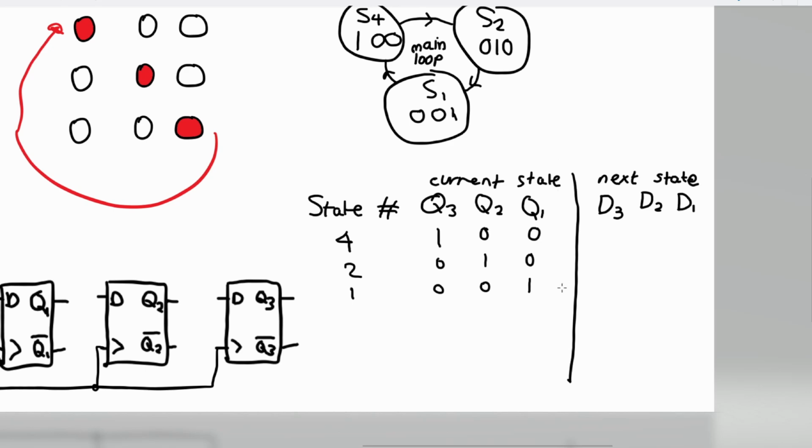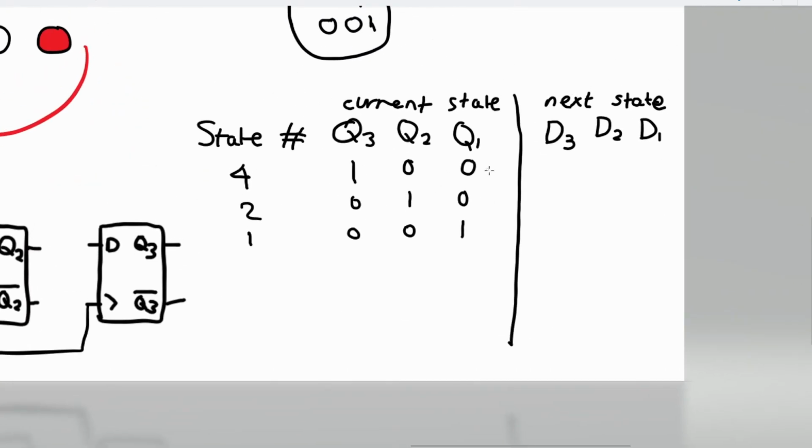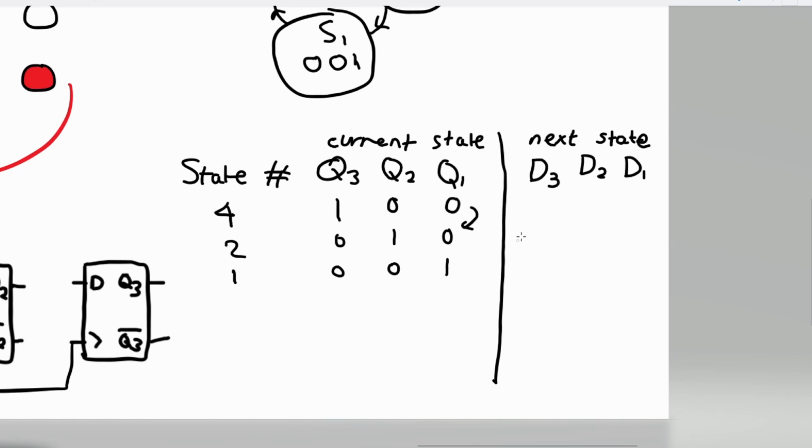And our next state is going to be, we want this to go to there. So this is going to be 0 1 0, and this is going to be 0 0 1, and then we want it to loop back round, so that's going to be 1 0 0.